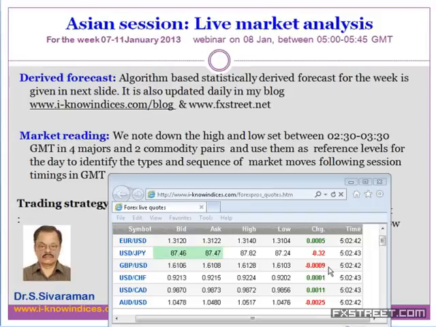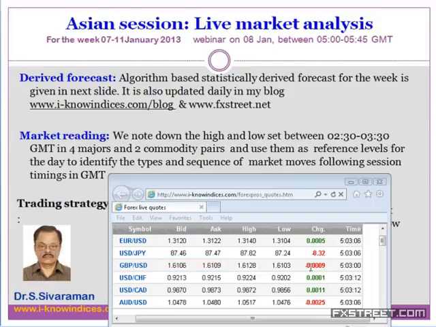Then also CHF, Canadian dollar and Australian dollar are making USD gaining moves. So you find euro and USD yen are showing USD weakening move. The rest of the pairs are showing USD gaining move. It is a contrarian move.